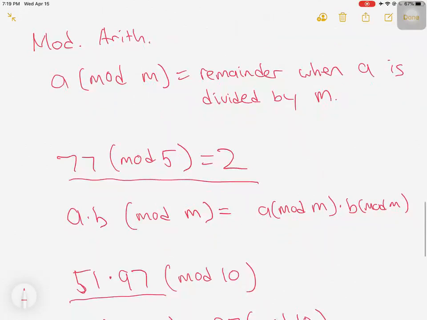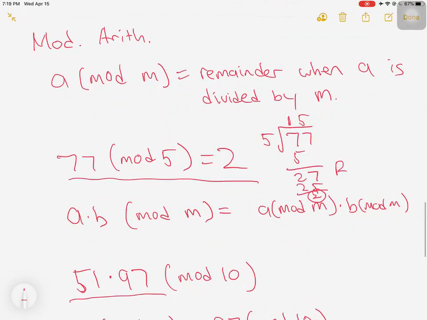It's because of the remainder when 77 is divided by 5. So if we just perform the division, we're all familiar with this, right? I'm going to hope you guys are familiar with this. So we have a remainder equal to 2. That's all it is.